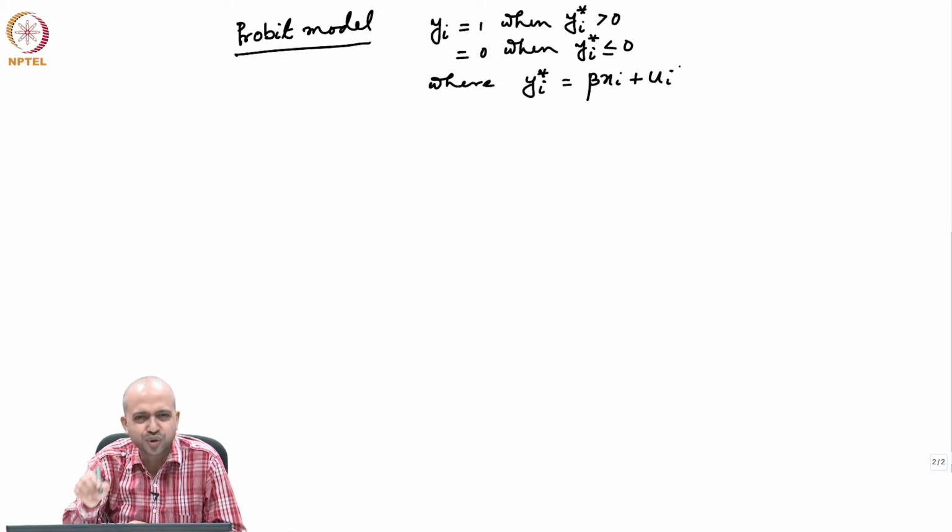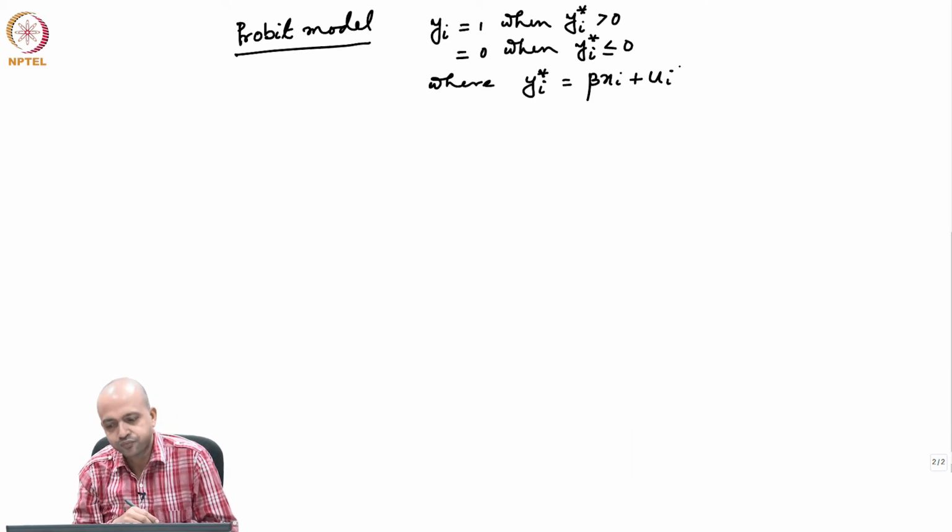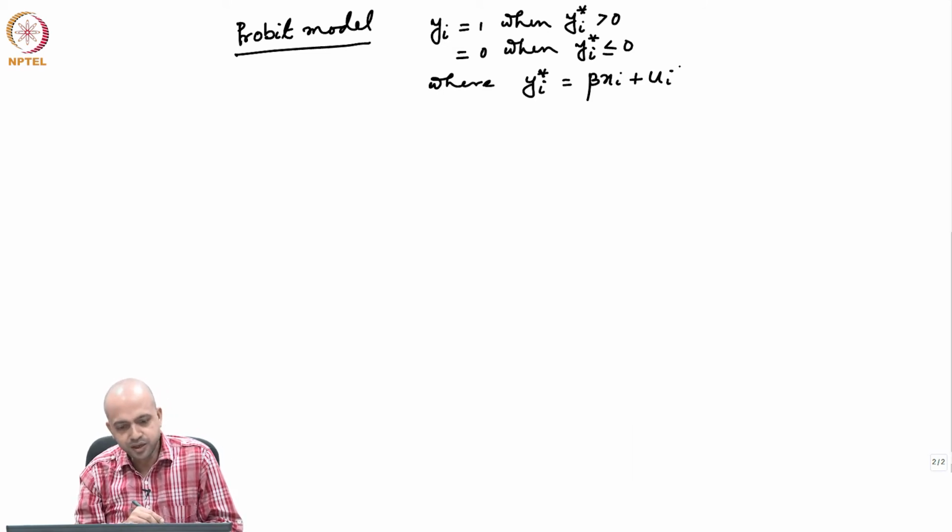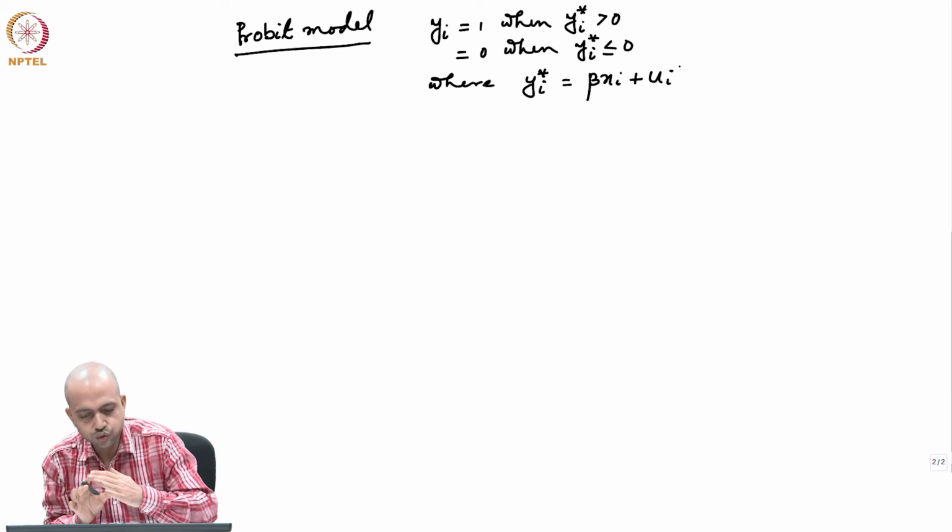I am ignoring the intercept for simplicity. This is how we modeled the Probit.